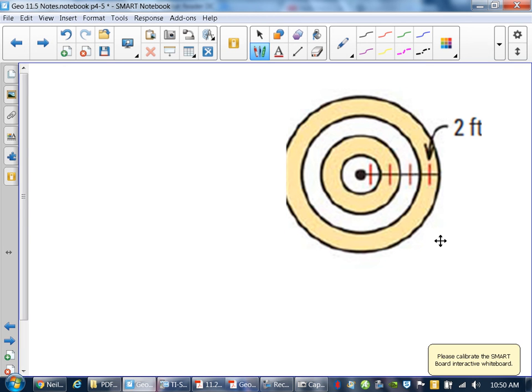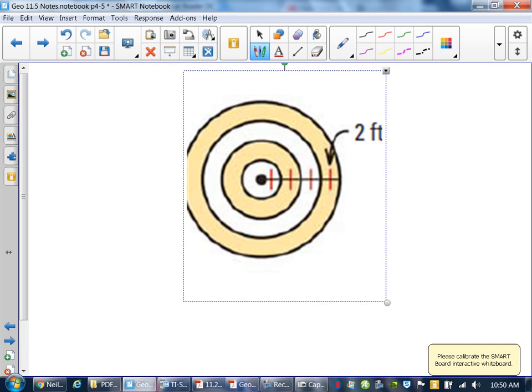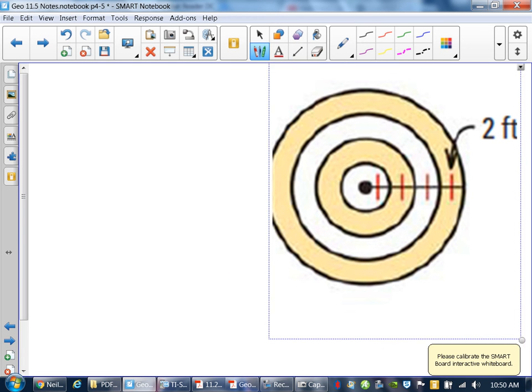This is a target, if you will. How many of the circles are shaded? Two of them. So what we basically have to do here is find the area of two shaded circles. Wouldn't this be like the one we did with the circle and the circle inside of it? Yes, exactly right. You just do that twice. So think of it this way.